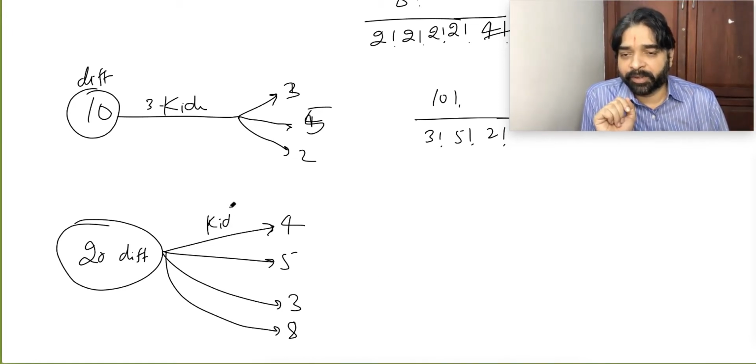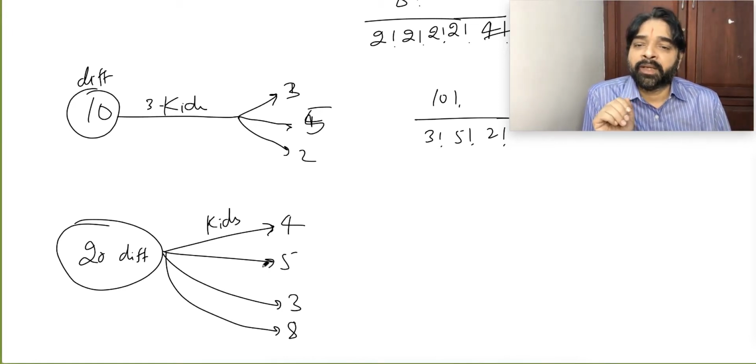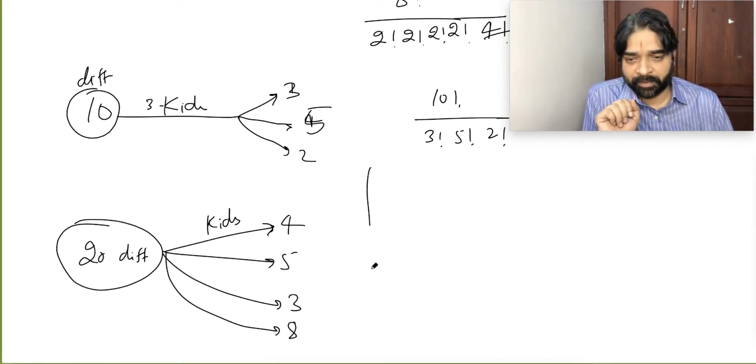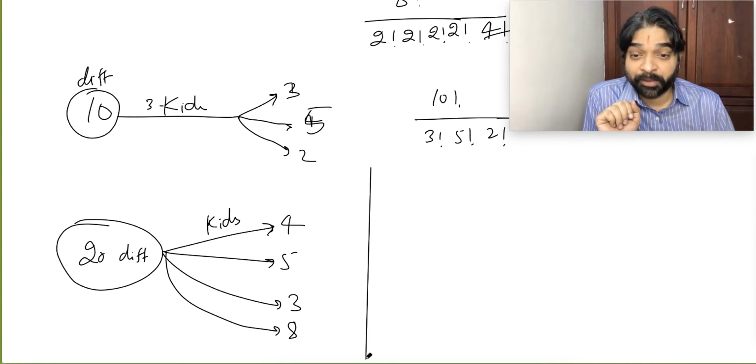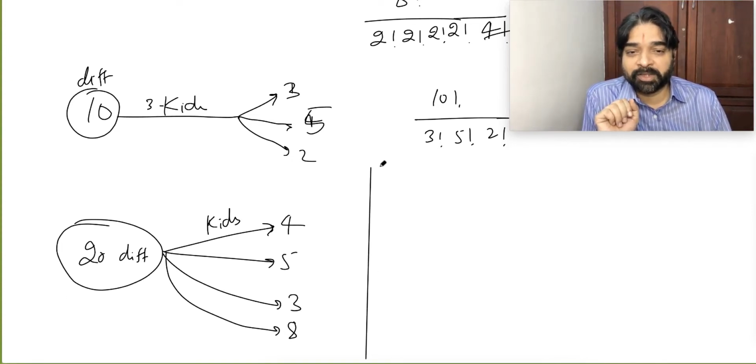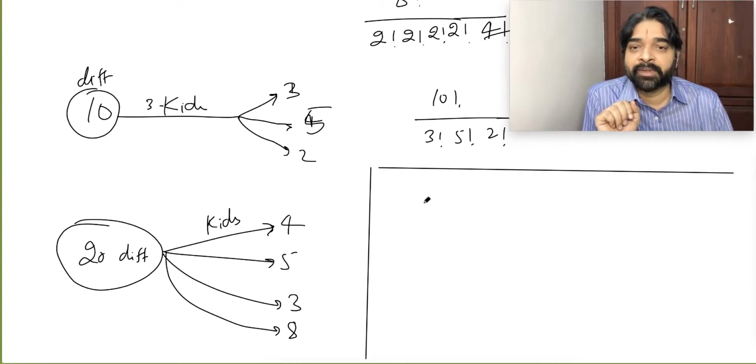Kids are there to receive the groups. In 4 kids, one kid gets 4 objects, other gets 5 objects, other gets 3 objects, and the 4th kid gets 8 objects. This kind of question I don't do in class, but your response made me do it like this.